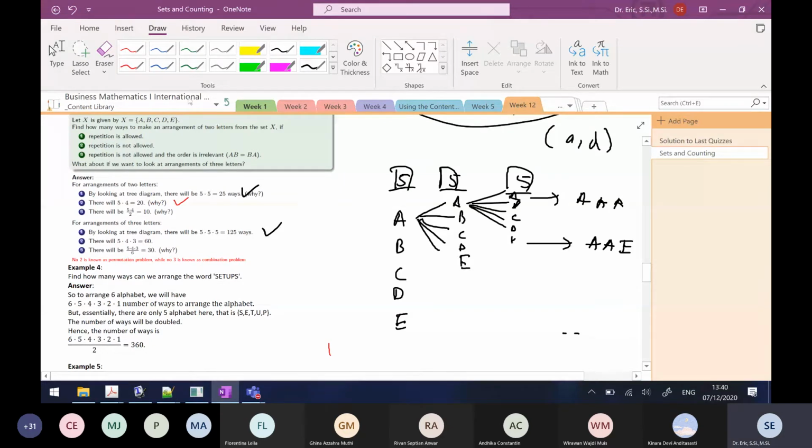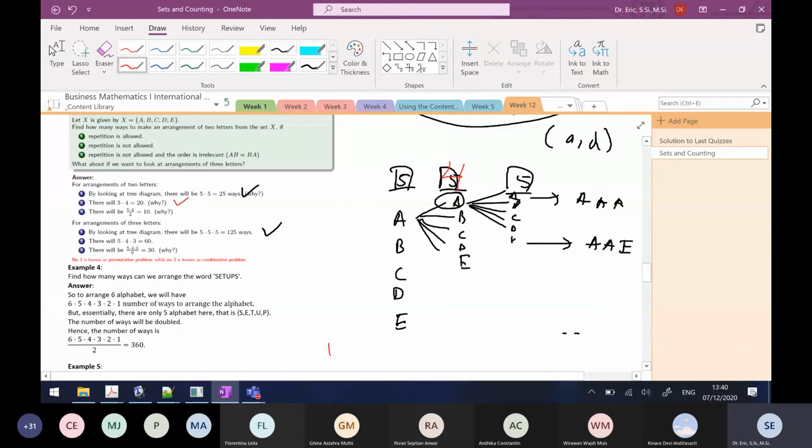What about if repetition is not allowed? Very easy. If you have A first, A is not included, so for the next one you will have just 4.